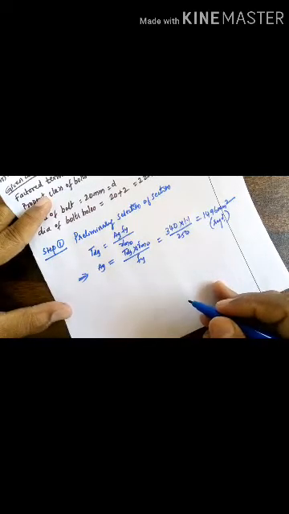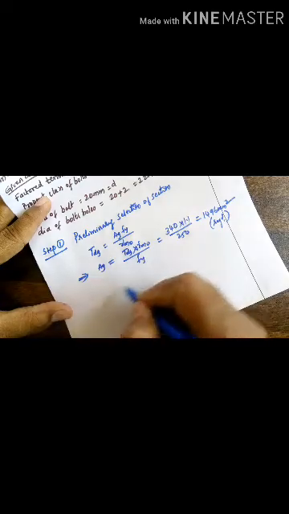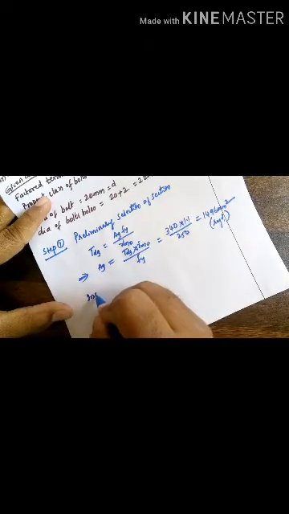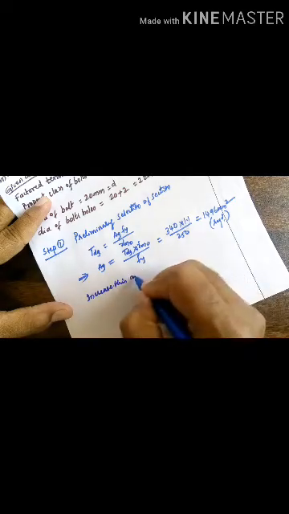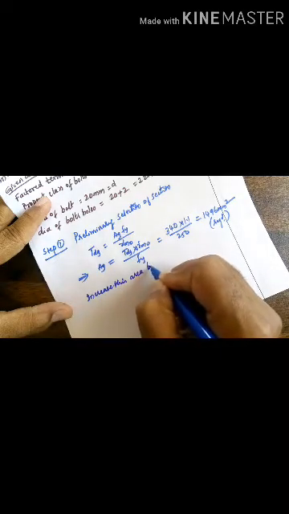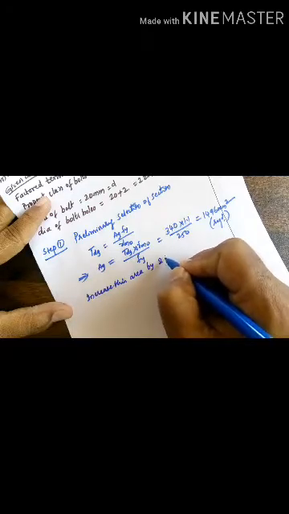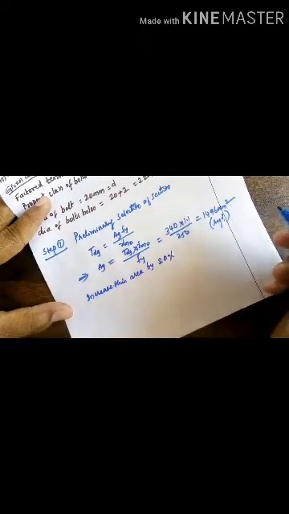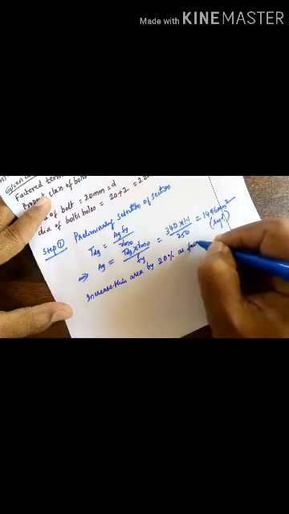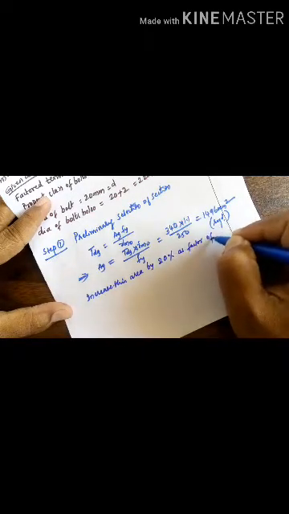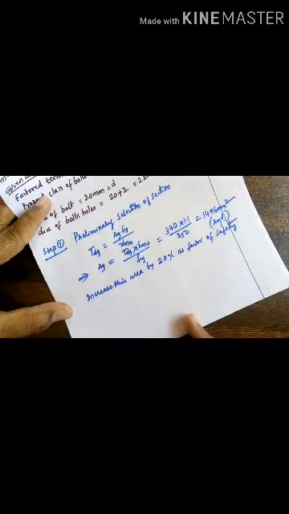but according to the code, you have to increase this area by 20% as a factor of safety.